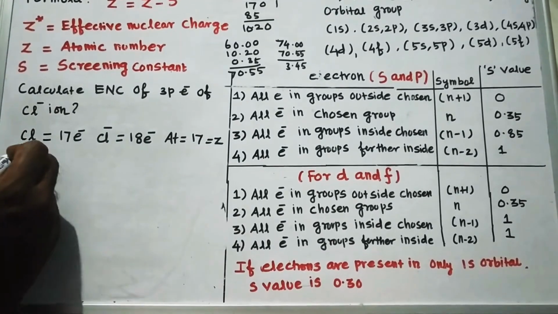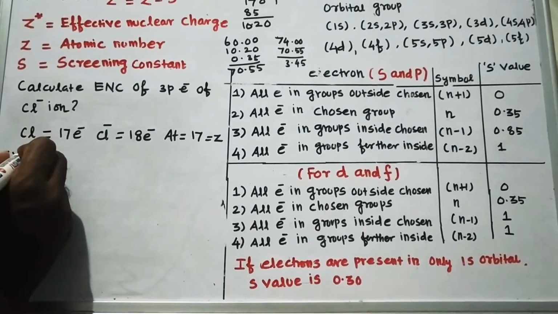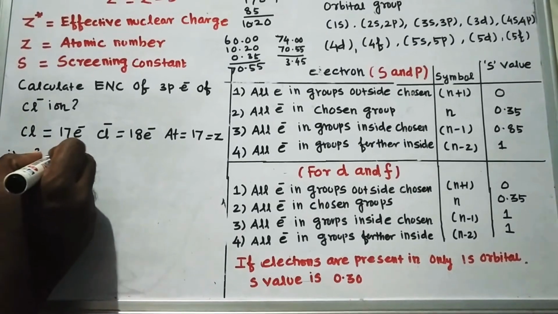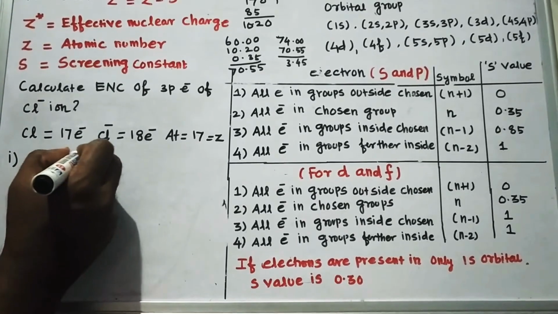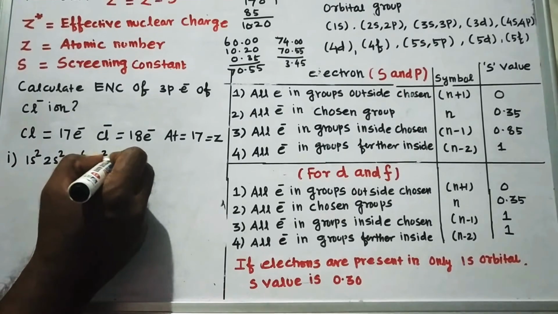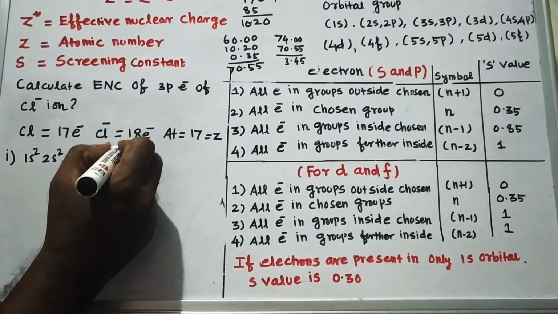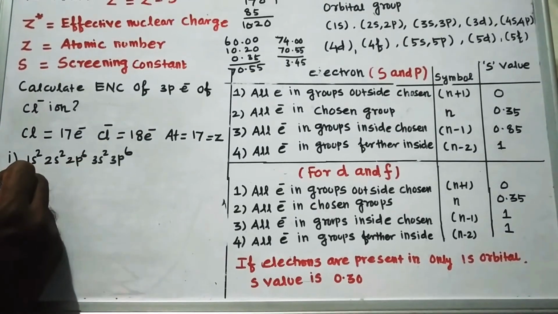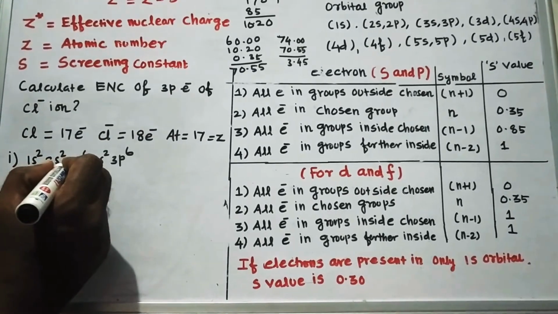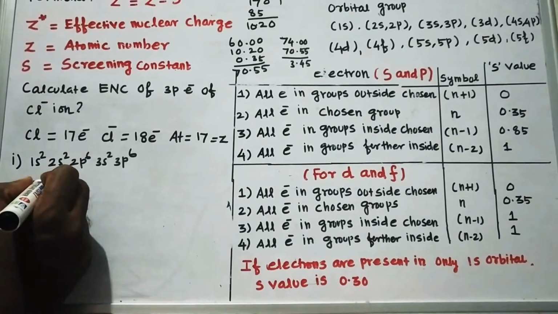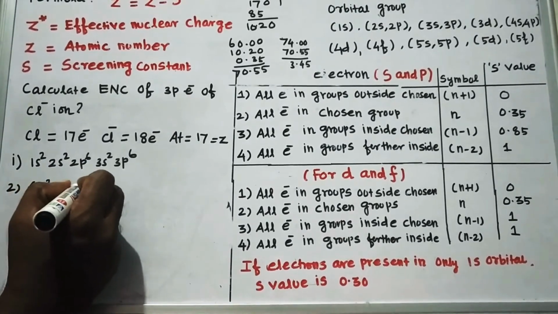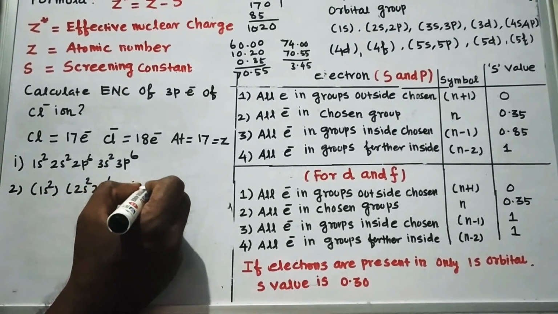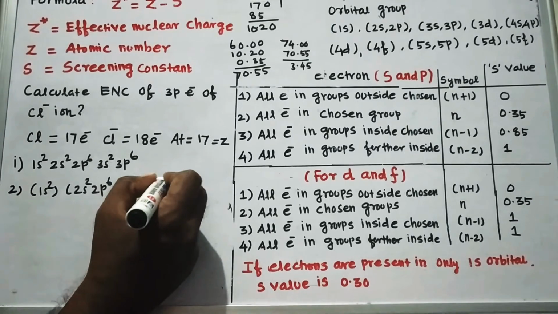First of all, write the electronic configuration: 1s2, 2s2, 2p6, 3s2, 3p6, since there are 18 electrons. Then the electrons are separated into electronic groups: 1s2, then 2s2, 2p6, then 3s2, 3p6.